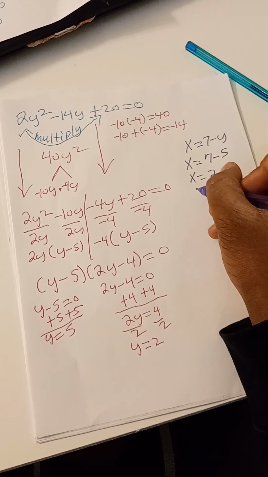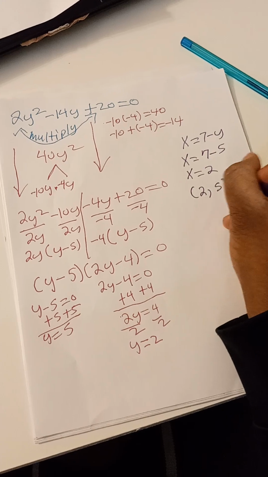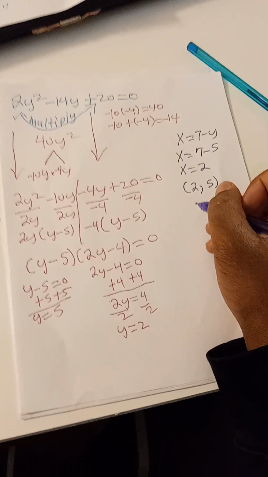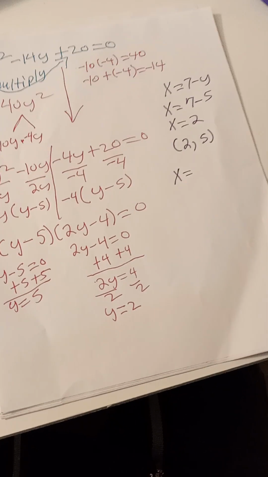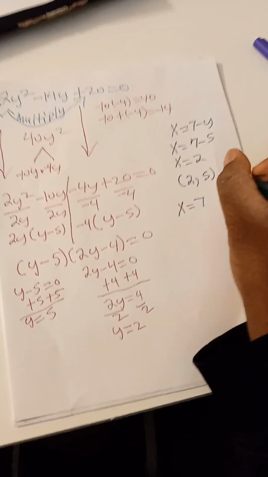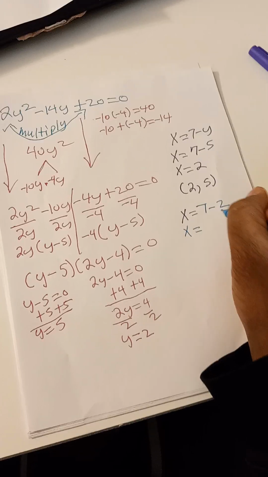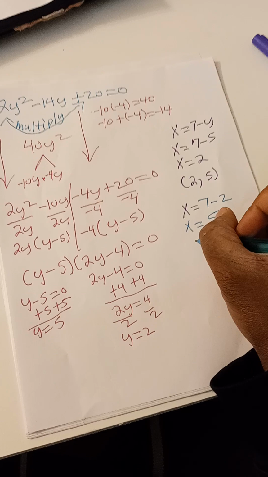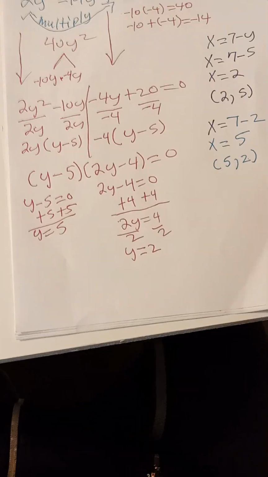So the Cartesian coordinate will be (2, 5). Now, the next solution for y is 2. So x will equal 7 minus 2. So x is equivalent to 5. So the other Cartesian coordinate will be (5, 2). So now we have both solutions.